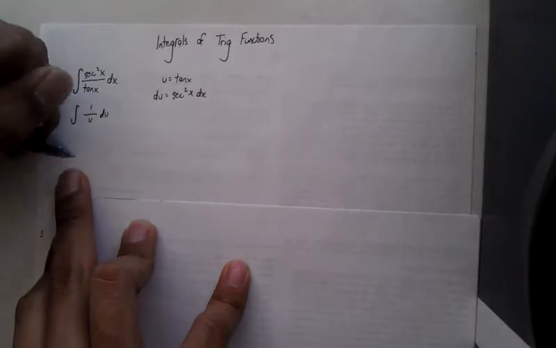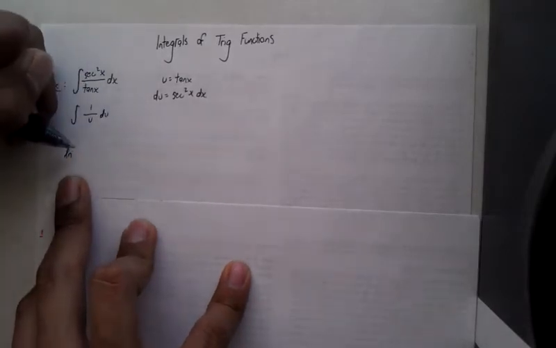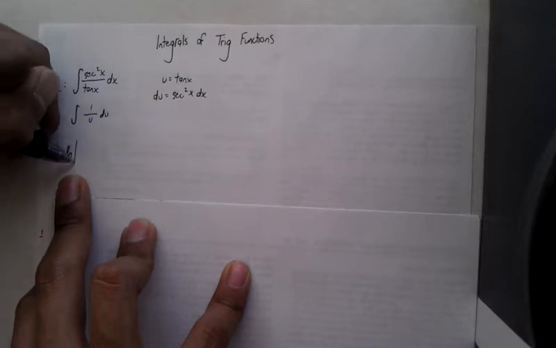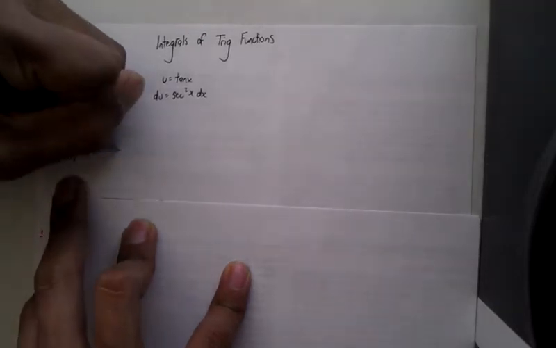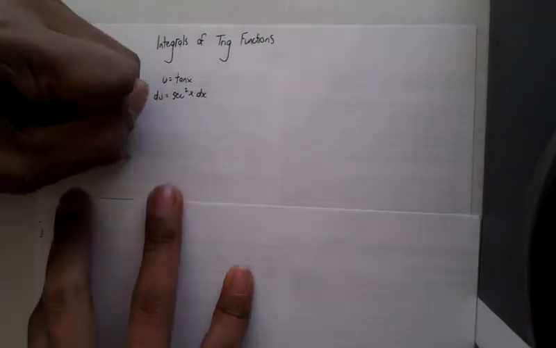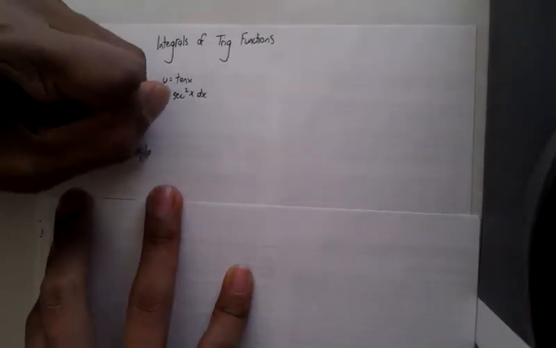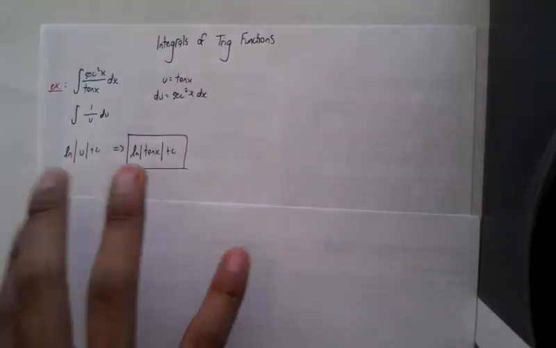Recall that our rule for natural log integration was the natural log of u plus c. Plug our u substitution back into the equation, and we get the natural log of tangent x plus c as our answer.